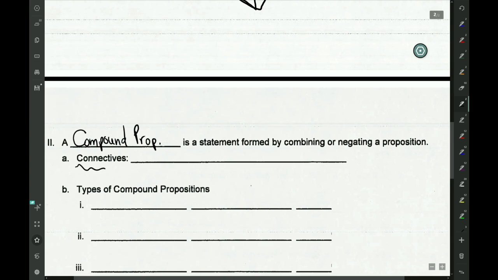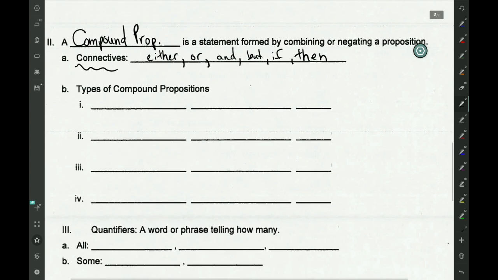We have different connectives, and they are the words either, or, and, but, if, and then. We'll get into the if and thens a little bit later, but for right now we'll talk about these here.